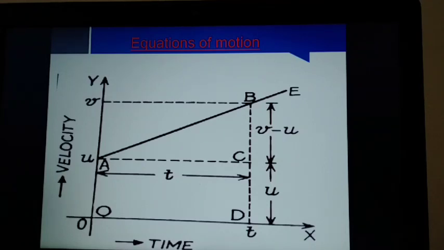And remember all these terms: OA is u, BD is v, AC is t, which is equal to OD. Different points O, A, B, C, D are marked there. OA is equal to u, BD is equal to v, and BC is equal to v minus u.